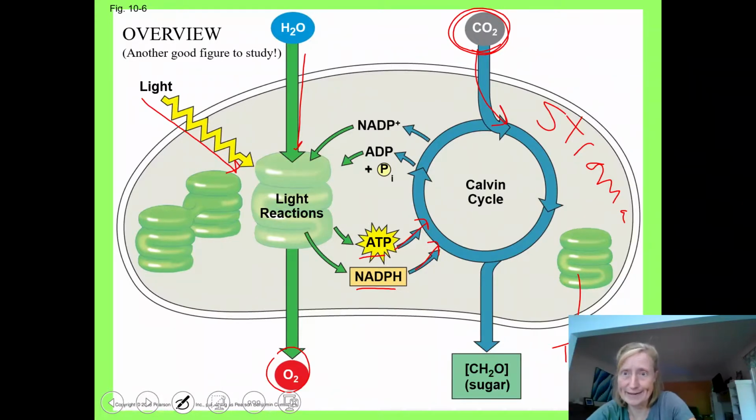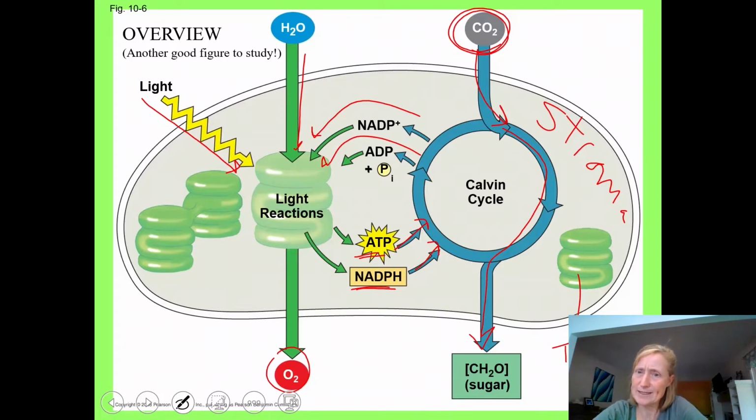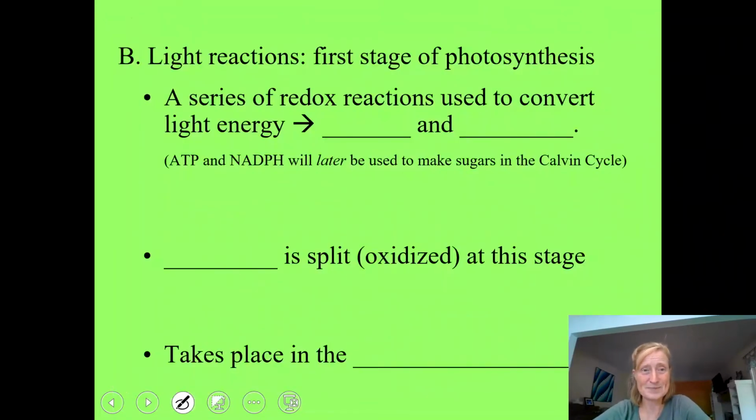That's what plants can do. We can't do that. And make a sugar along the way. It looks like ATP and NADPH are used up during the Calvin cycle, and we recycle their parts. They go back to be used in the light reactions. So this is complicated. I'm guessing it's going to take a while to explain. Sure, it will. We're going to talk about that in the next video. That's it.